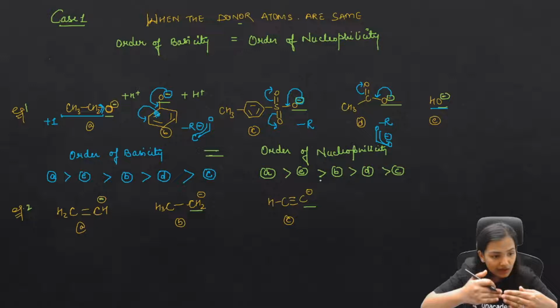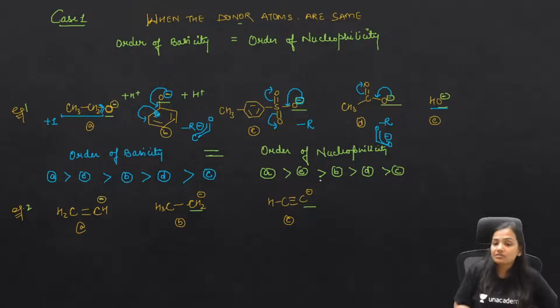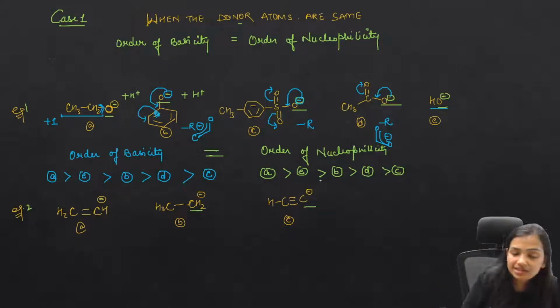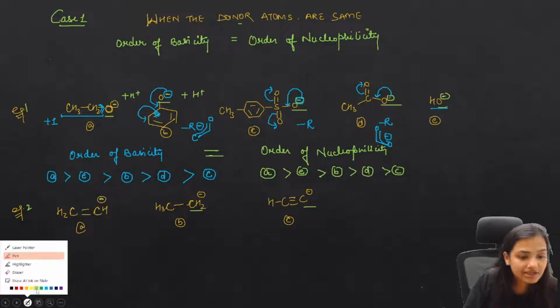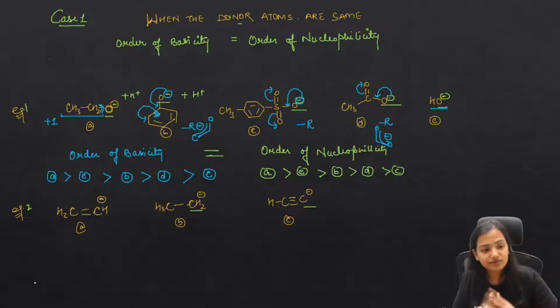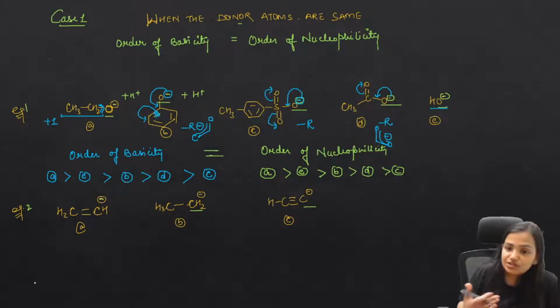Okay, now if we have to do the example number 2. In the example number 2, is there any steric problem? No, there is no steric problem. There is no bulkiness in any of the group. Ultimately, what do you have to focus on? Which is going to be a good base. How will you identify it for all our carbons?